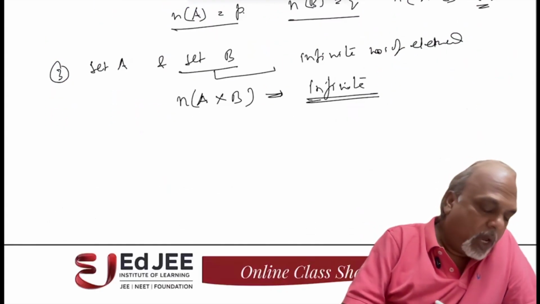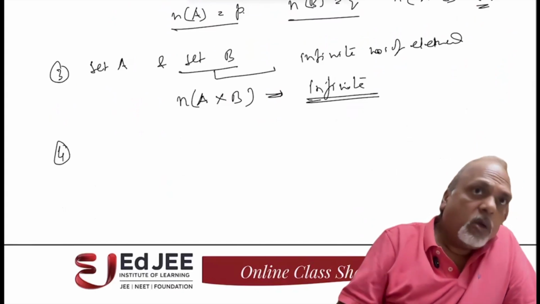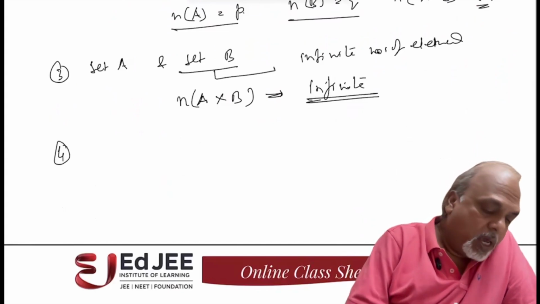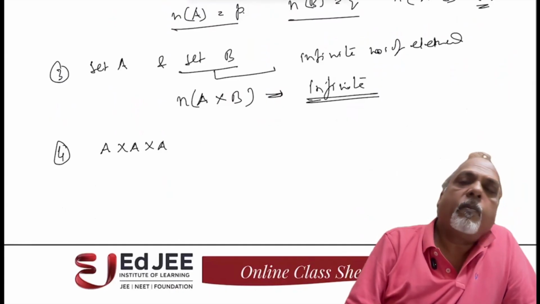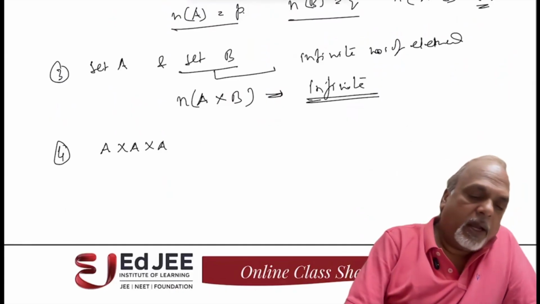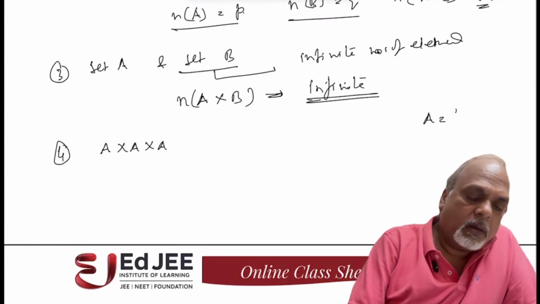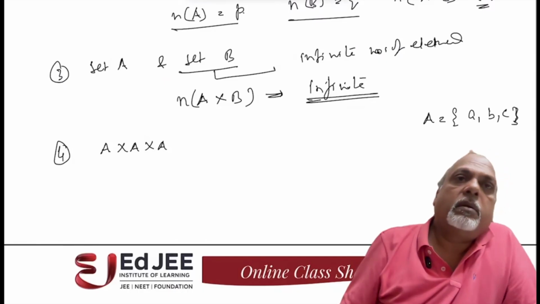Now, suppose you can have set A cross set A cross set A. And A is having these elements.